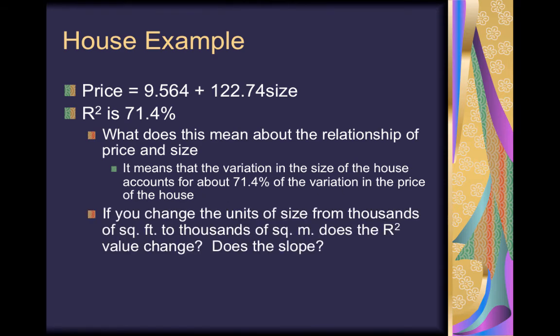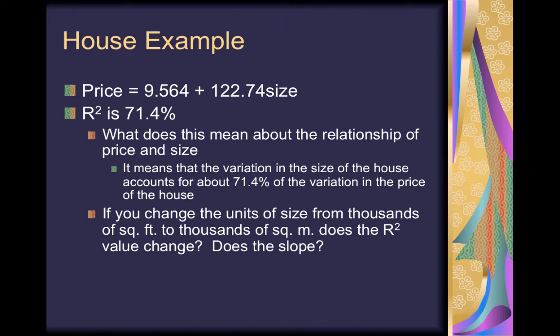What happens if we change our units? If we change our units of the size of the house from square feet to square meters, does the R-squared value change? So R-squared is based off of our correlation, and correlation has no units, so changing the units will not actually affect R-squared.